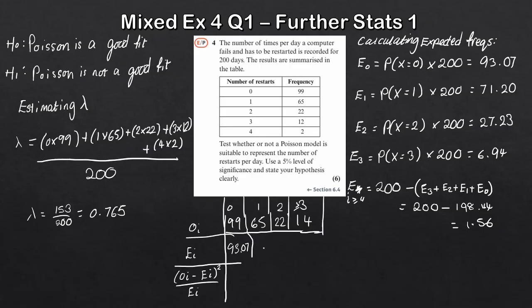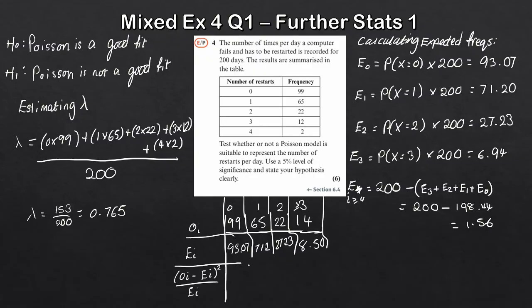It's going to be a bit all over the place. 71.2, 27.23, and then finally to get your last expected value, 6.94 plus the 1.56 there, which will give you, I won't lie, I missed doing that calculation, so if I do it now, it's going to be 6.94 plus 1.56, so you get 8.5 there.